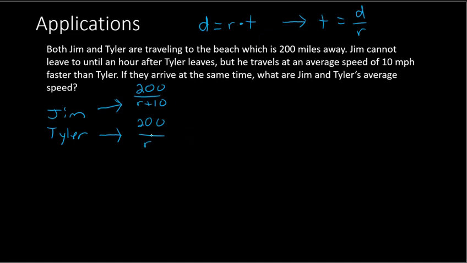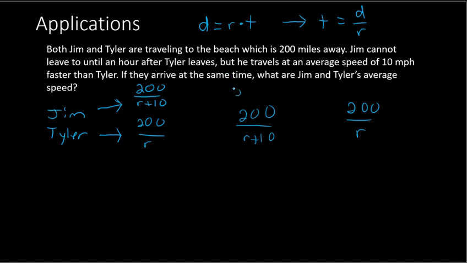So looking at these times, these are the times for Jim and for Tyler. We can actually relate this information into an equation. We know that they are close to being the same, but they're not quite, because their times are not equal. It says Jim cannot leave until an hour after Tyler leaves.